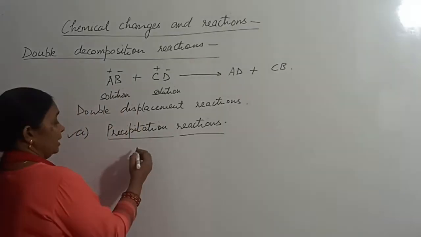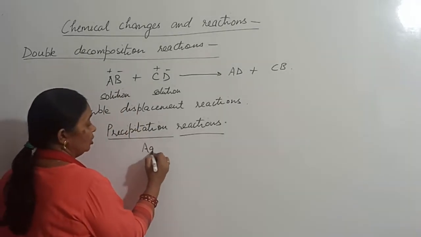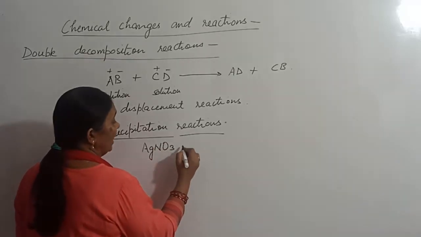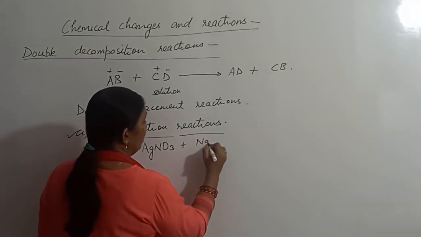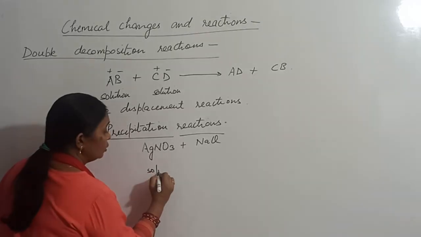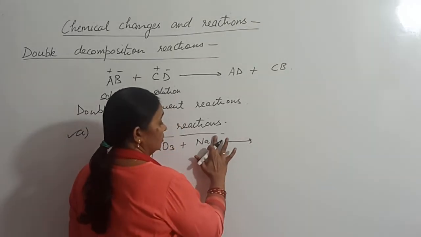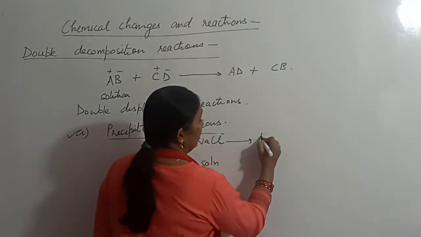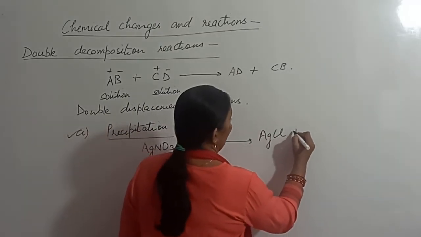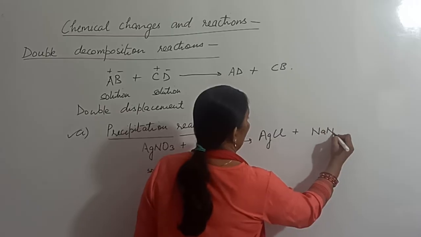Here we can see an example of a precipitation reaction in which silver nitrate solution reacts with sodium chloride solution to give silver chloride plus sodium nitrate.